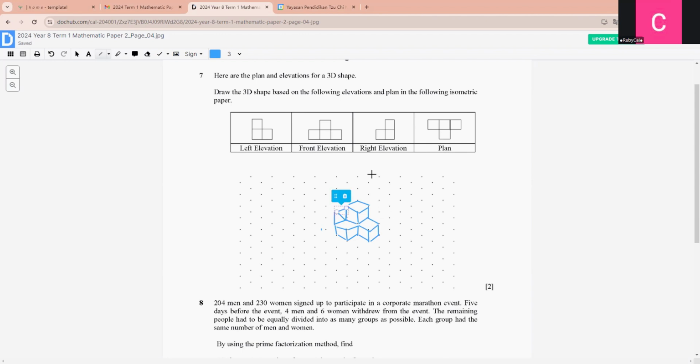In this shape, we can see that it fits all of the elevations. The left elevation does look like the picture here, and the front elevation is like the plan view, and the right elevation as well as the plan elevation.